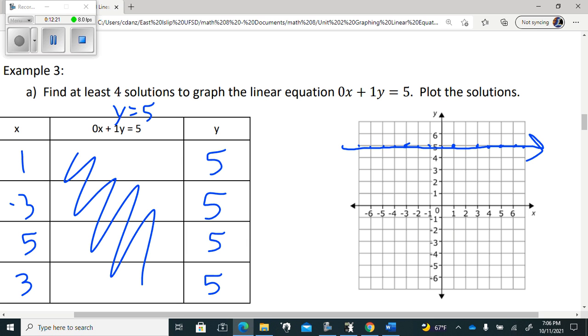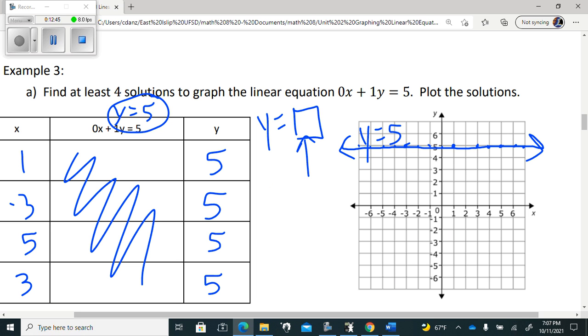It crosses the y-axis at 5 because it says y equals 5. When y equals 5, it means it crosses the y-axis at 5. So this will always be a horizontal line. We can make ourselves a little note like what we did before. That box represents any number.